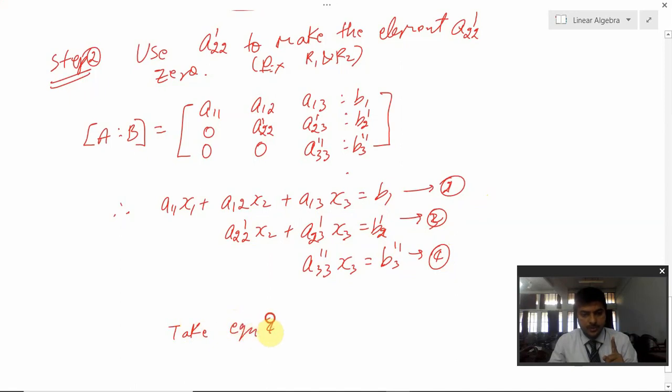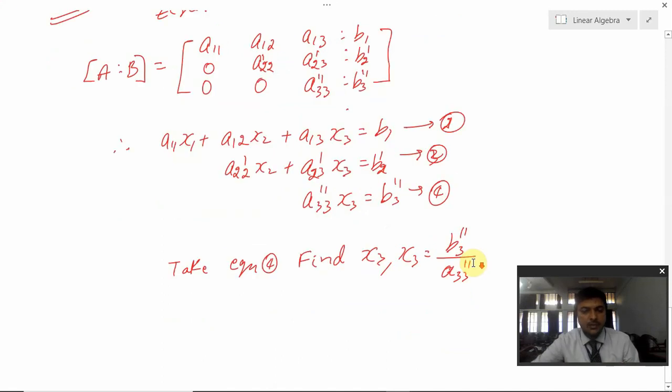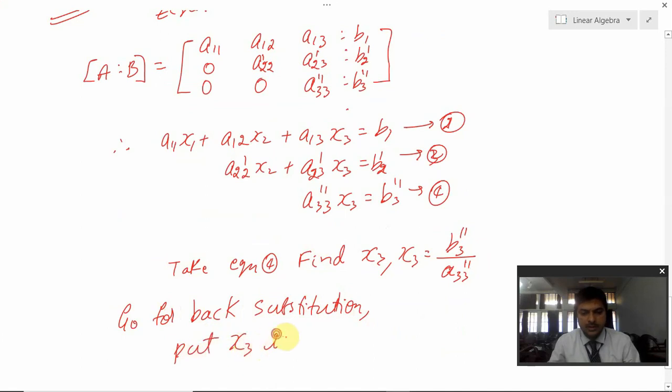Now after taking 2, 3, 4, take equation 4, find x3 by using simple division. So x3 can be written as B3 double dash divided by A33 double dash. After simplifying this, you will get x3. Then go for back substitution and put x3 in equation 3.